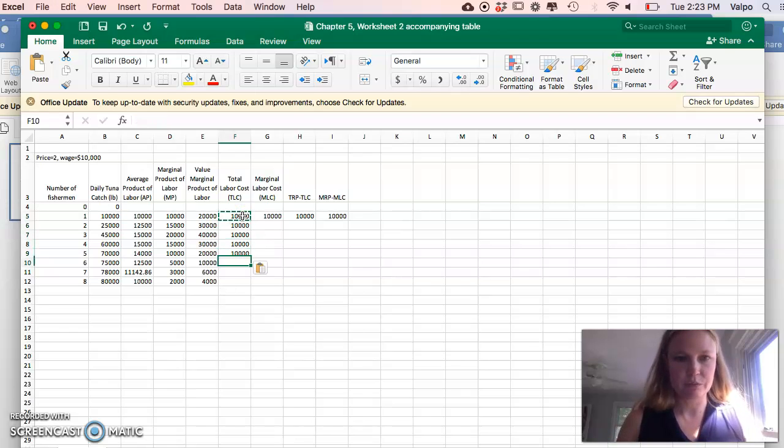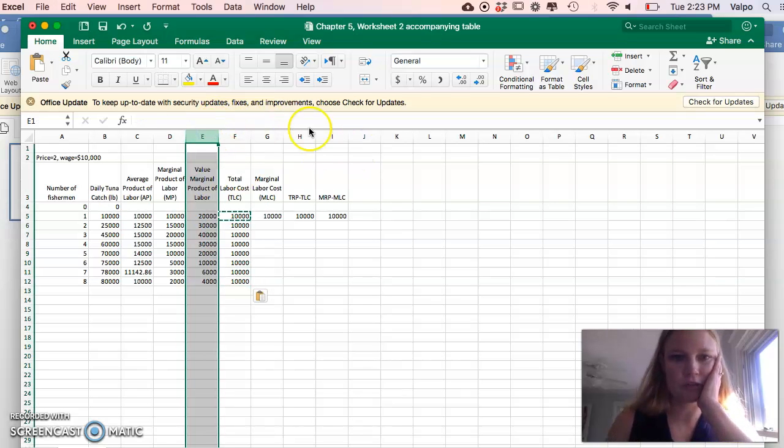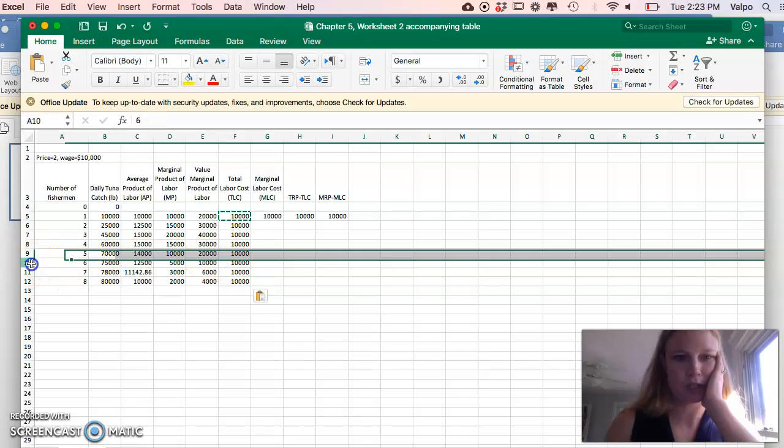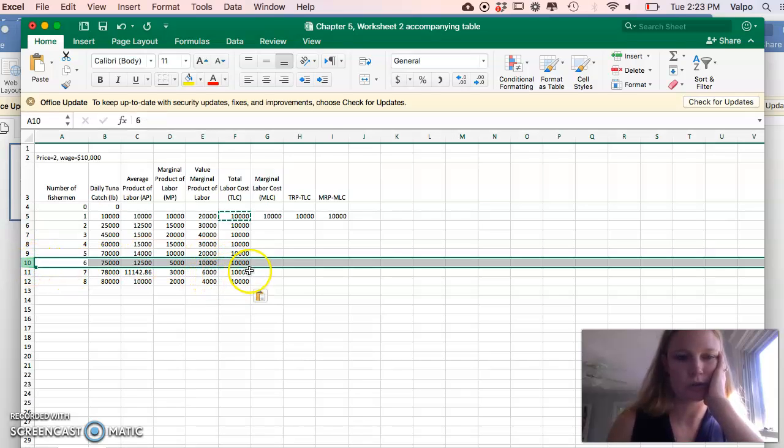That does not change. So we don't need to fill out the other columns. You just compare this with this and say, when this is greater than this, you should hire them. So yes, yes, yes, yes, yes. We're on the borderline. Yeah, we might as well hire them. No, do not hire that 7th worker. Okay?